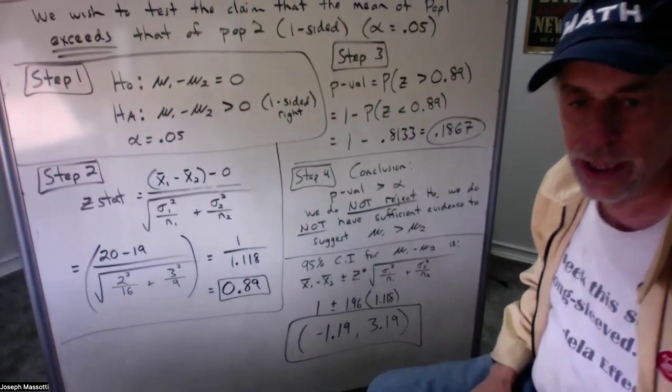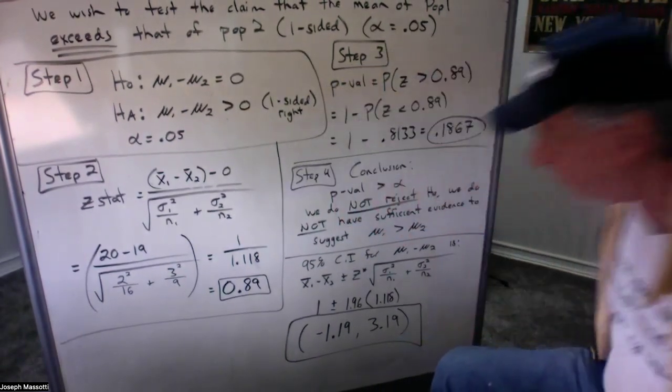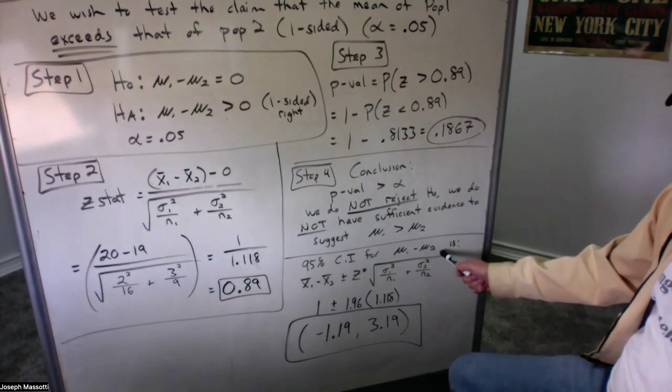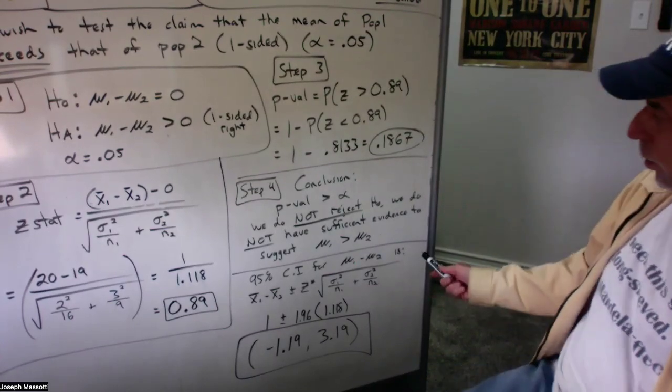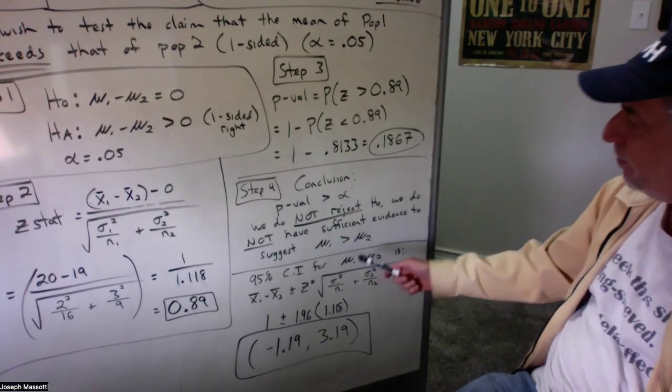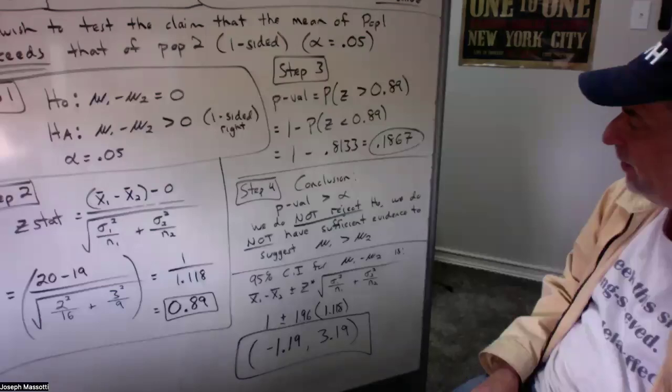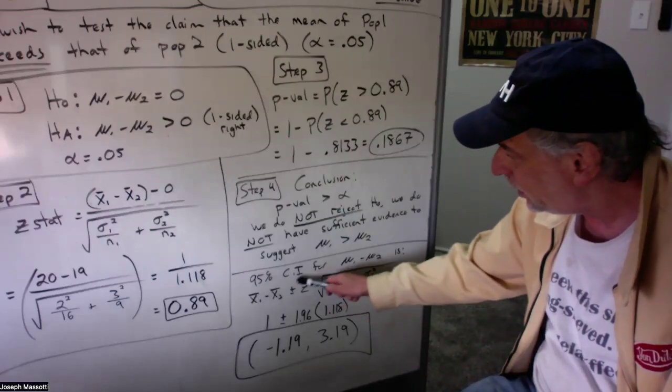All right, if we were to conduct a 95% confidence interval for that difference between the two population means, well, again, we know how to do this. We have the population standard deviations, so we're going to use a z critical value.